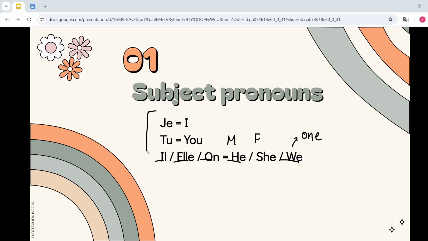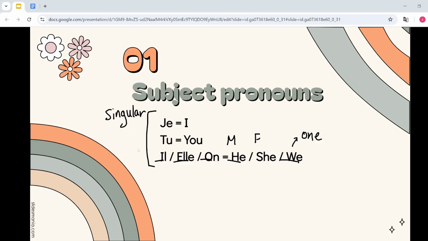Now the 3 groups that we just saw are what we call singular subject pronouns. What this means is all of these subject pronouns are talking about one singular person, with, of course, the exception of we, but we pretend that it's singular in terms of its conjugation.